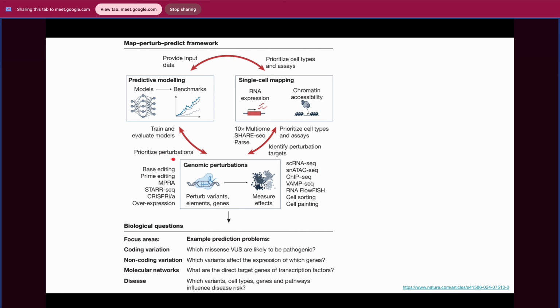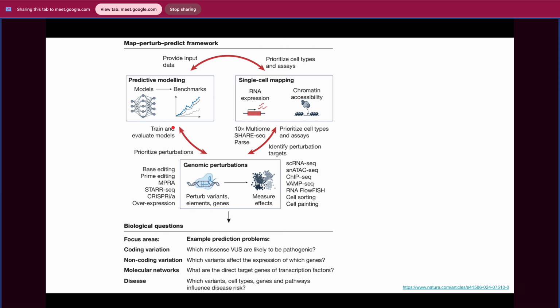So now they prioritize those perturbations and they train and evaluate models. In these models, for every gene, all the variations which have been done are kept, along with their associated outcomes, which are captured by these methods. So all this information is captured, and then these models are trained.